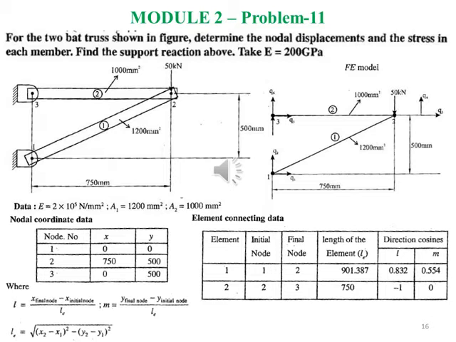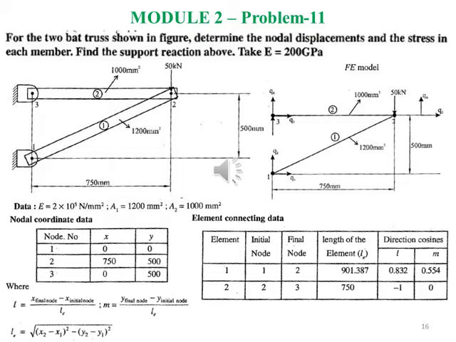So moving on, the finite element model of this particular problem we have drawn on the right hand side of this slide. There is a 750 mm width and 500 mm height, and 1200 mm square is the area of element 1, which is given. 1000 millimeter square is the cross sectional area of the second element, and this data has also been given, and there is a load of 50 kilonewton acting at node number 2.